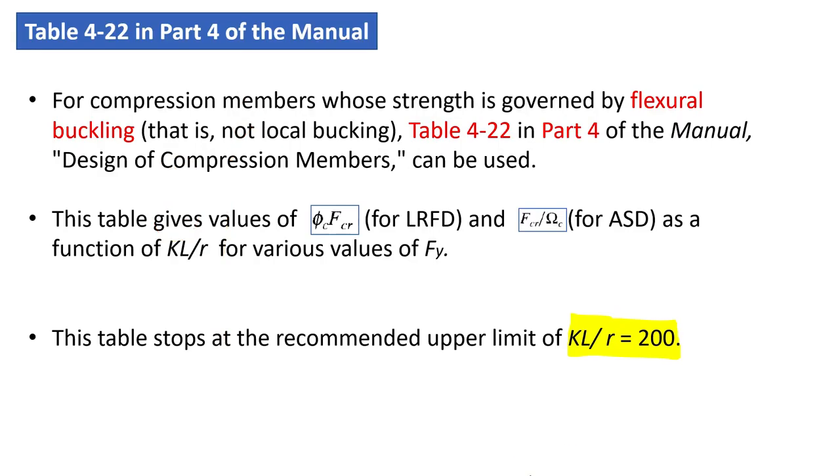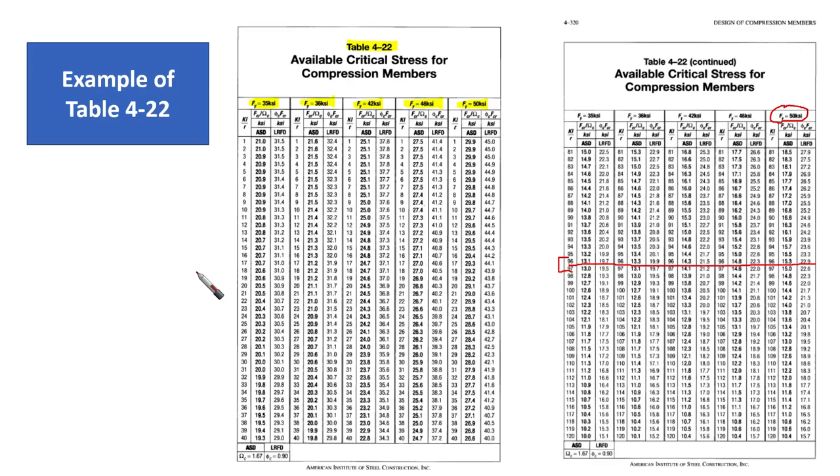In this case, this table is very useful whenever we want to find the flexural buckling strength of the element, knowing its KL/r, the effective slenderness ratio. Okay, so we find this here in the first column.